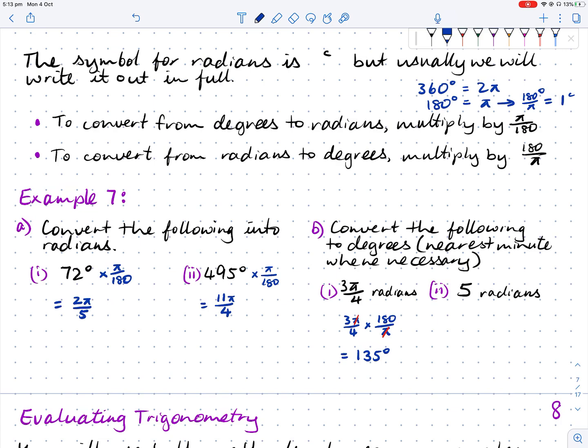If I've got 5 radians, so this time we don't have a pi there, so when we multiply it, we will have a pi. So we've got 5 times 180 over pi. Now, this one was to the nearest minute where necessary. So when we're writing something in degrees, we usually try to work it out into degrees and minutes.